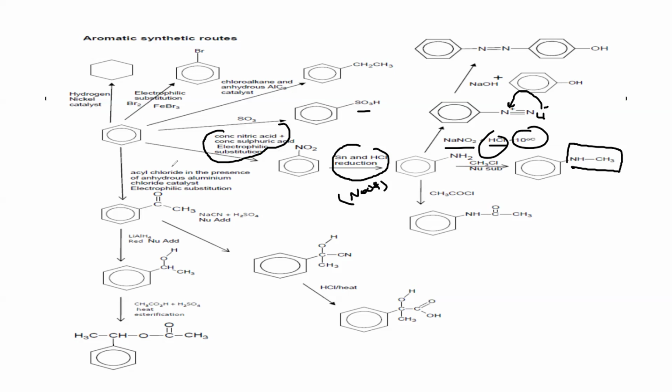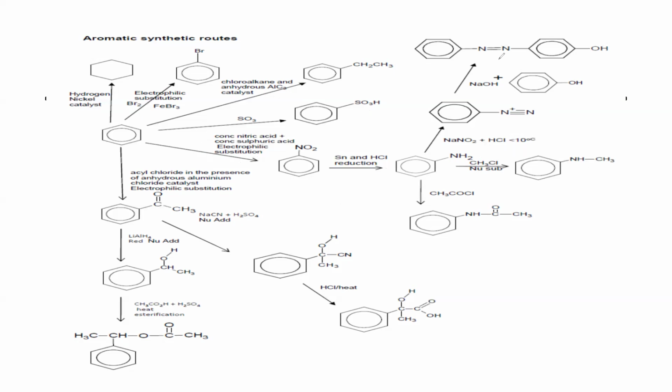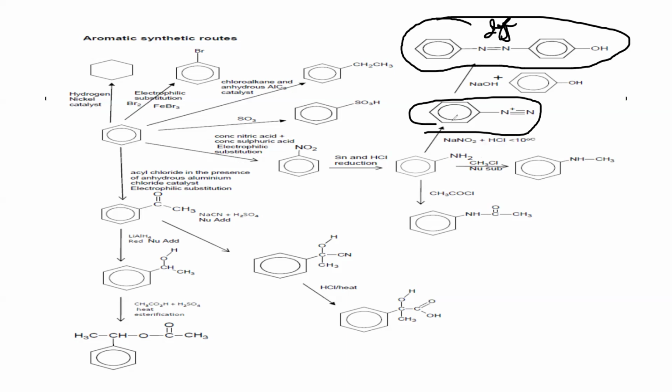If we react with another benzene ring, then this reaction is called coupling. Coupling means when two benzene rings are linked with each other, we call it a coupling reaction. This is how the dyes are made. So we have diazonium chloride, and then how the coupling reaction takes place, I will draw that.